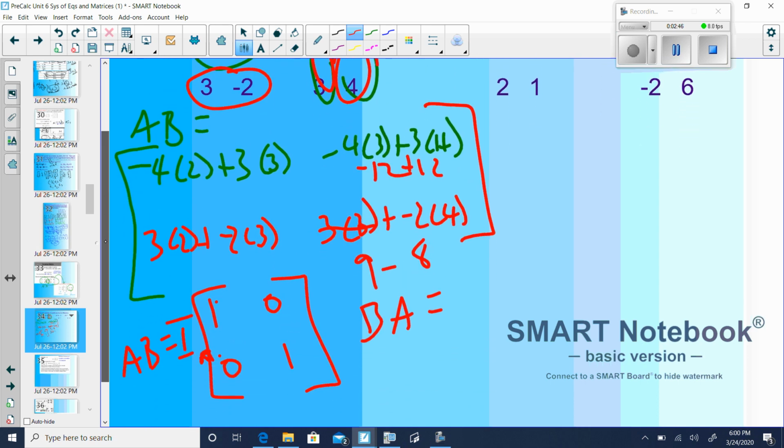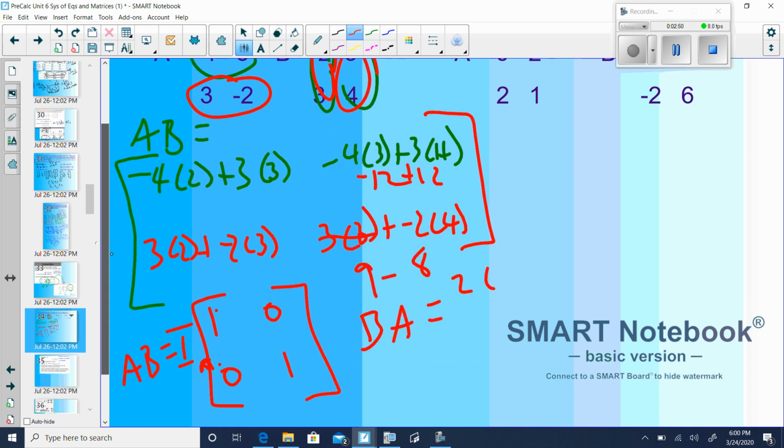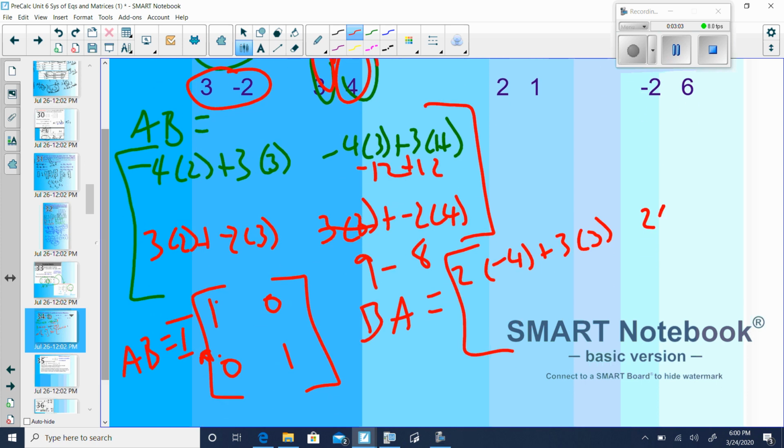See what happens with that. So 2 times -4 plus 3 times 3. Then we have 2 times 3 plus 3 times -2.